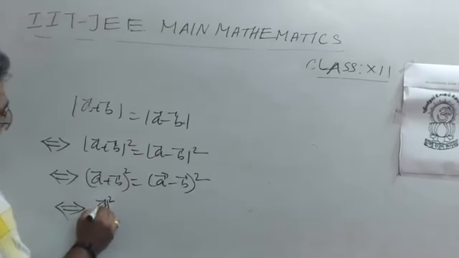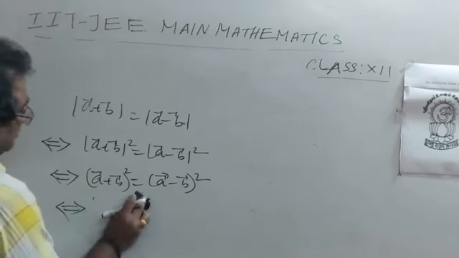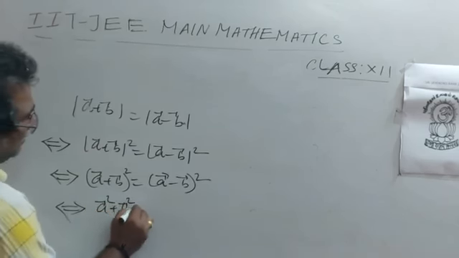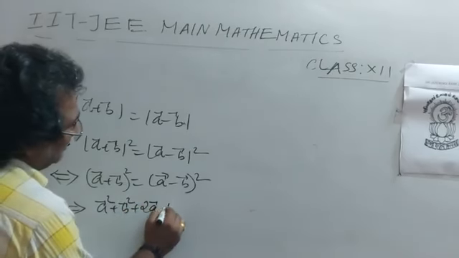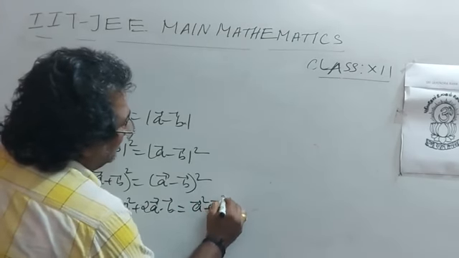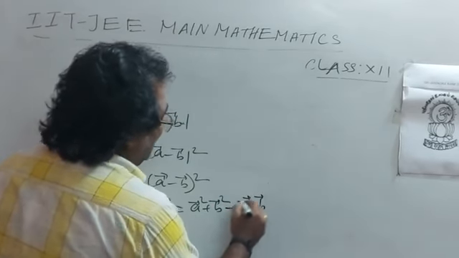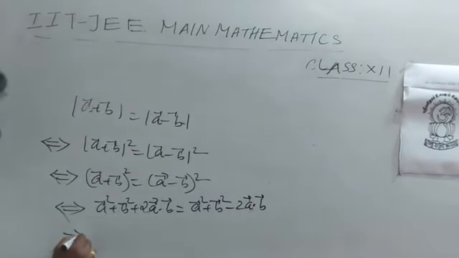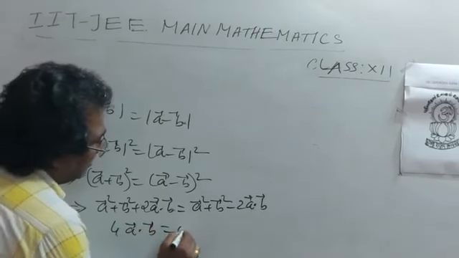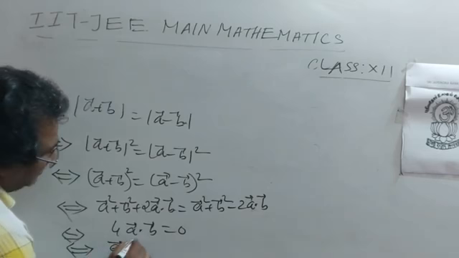So modulus A squared plus B squared plus twice A dot B equals A squared plus B squared minus twice A dot B, which implies 4 into A dot B equals 0.